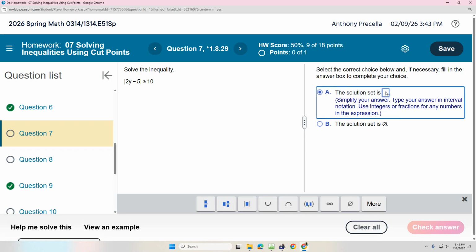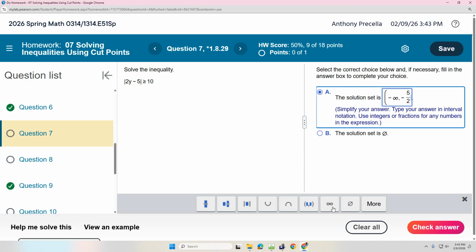Okay, so I type parentheses, negative infinity, comma, negative 5 over 2, right arrow, bracket, union. The union comes from the toolbar, bracket, 15 over 2. Don't put the comma in the denominator.